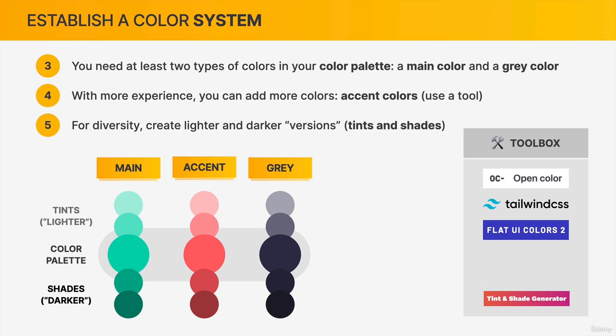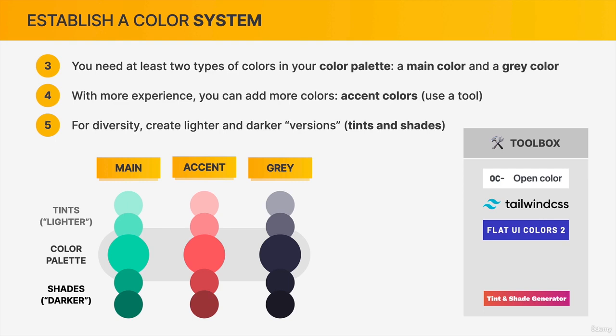Now, when you choose the open color system or the Tailwind colors, then they already come with these tints and shades included. Now, if you use some other tool or came up with the color yourself, then you can also easily create tints and shades by using a tool called Tint and Shade Generator.